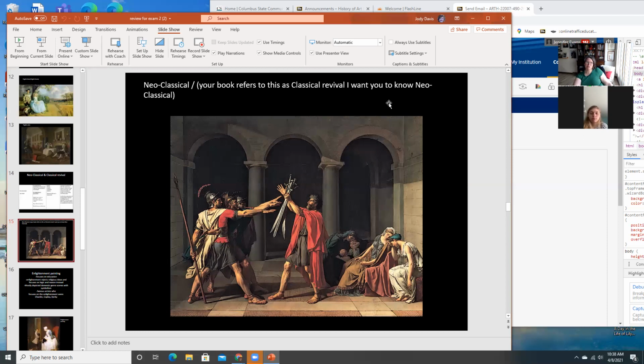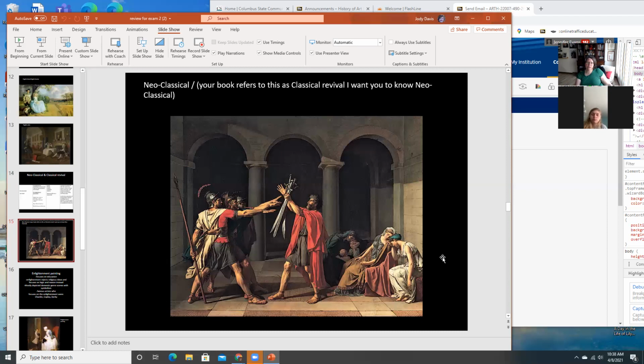Your textbook refers to this as classical revival. I don't always agree with that. This is neoclassical. The other thing that I would tell you about this particular painting is that it's an interesting painting because it was commissioned by the French government. And so it has that neoclassical look to it.